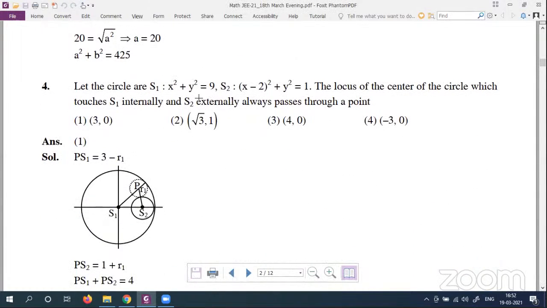The two circles S1 and S2. We need to find the locus of the center of the circle which touches S1 internally and S2 externally. The locus of that center will always pass through which point is the question.